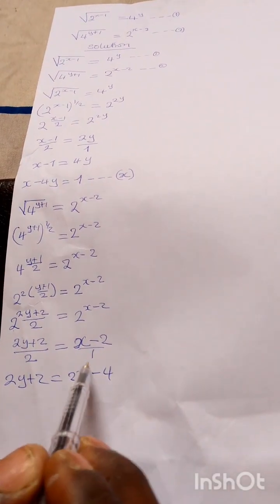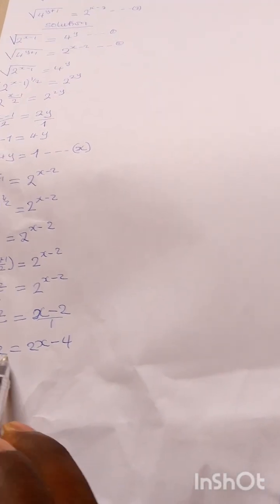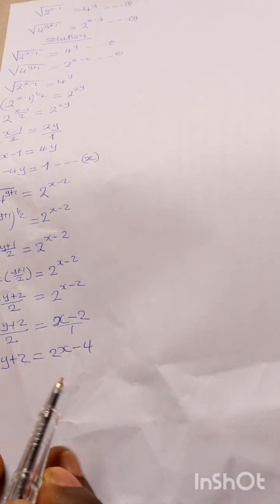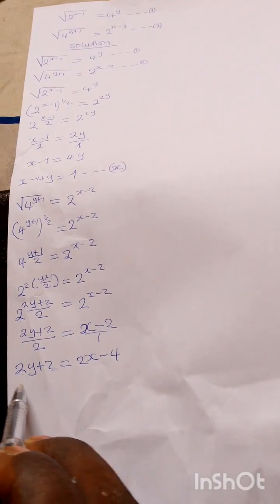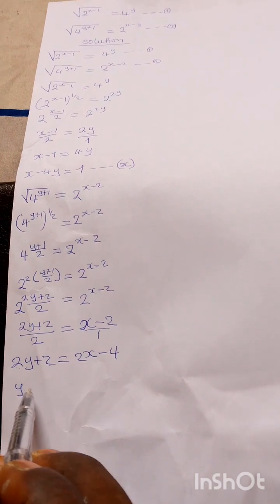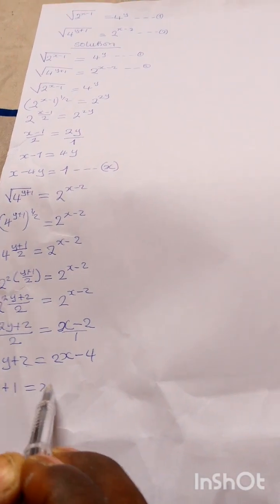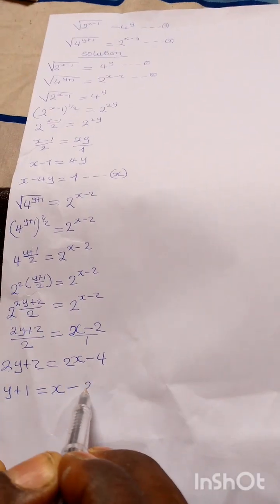That is when we cross multiply. This multiplies this and this multiplies this. So we can now divide by 2 since 2 is common to everything here, so that we can reduce the equation and make it look neat. So when we divide by 2, here divided by 2 will give you y. 2 divided by 2 will become plus 1. This divided by 2 will be equal to x. This divided by 2 will give you 2.